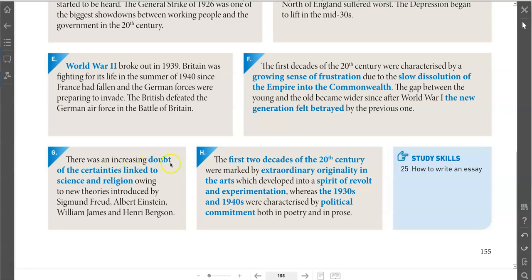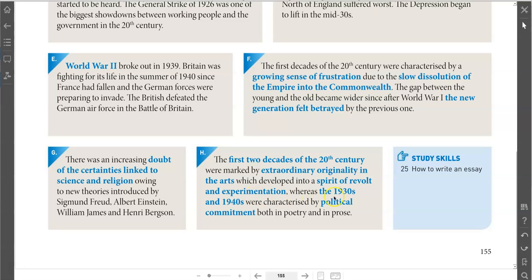There was also an increasing doubt of the certainties linked to science and religion, owing to the new theories introduced by Sigmund Freud, Albert Einstein, William James, and Henri Bergson. The first 2 decades of the 20th century were marked by an extraordinary originality in the arts, which developed into a spirit of revolt and also a kind of experimentation in art and also in literature.